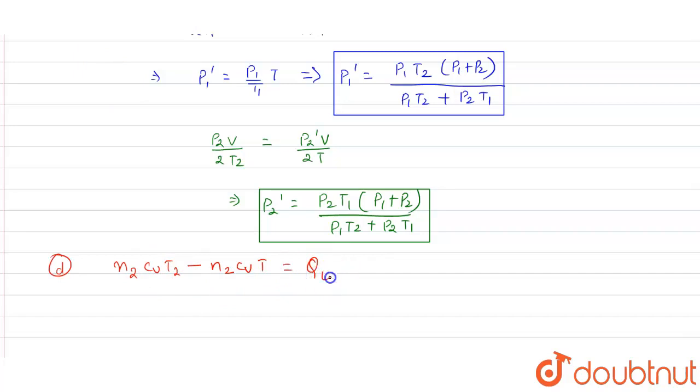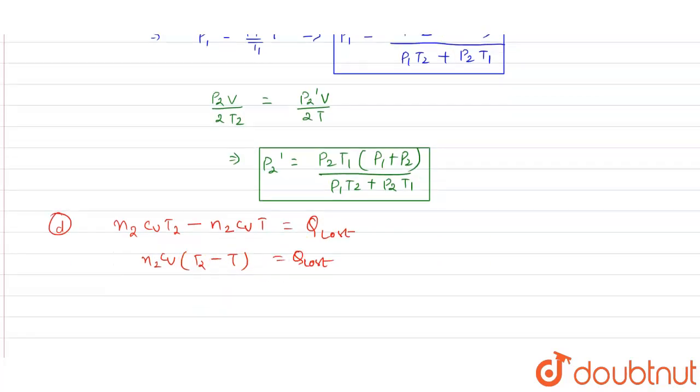This will be equal to the heat lost. Now taking N2 CV as common, we get N2 CV times (T2 minus T), which equals Q lost on the right side, correct?